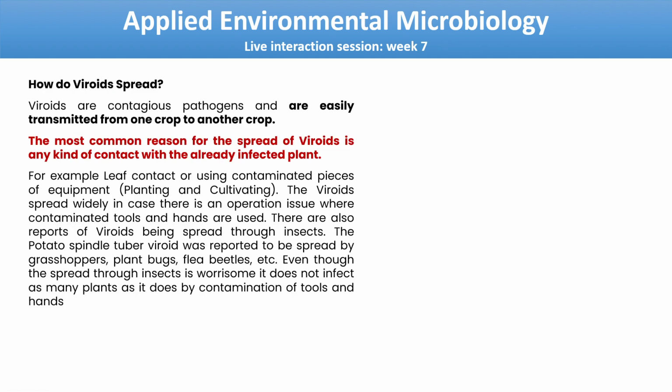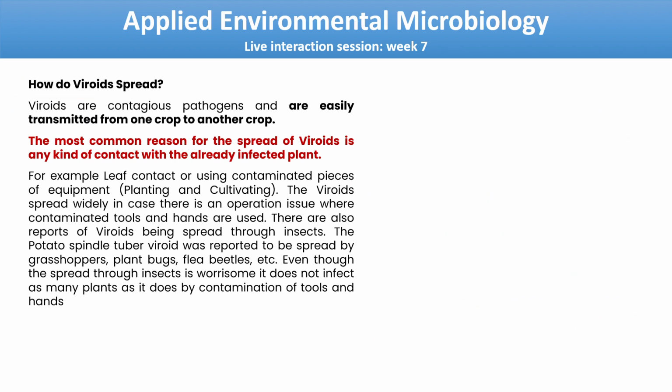Now the question comes, how does this viroid spread? Viroids, like viruses, are contagious pathogens, and they are easily transmitted from one crop to another crop. The most common reason is that one plant can get in contact with another infected plant, and then they can acquire these viroids.